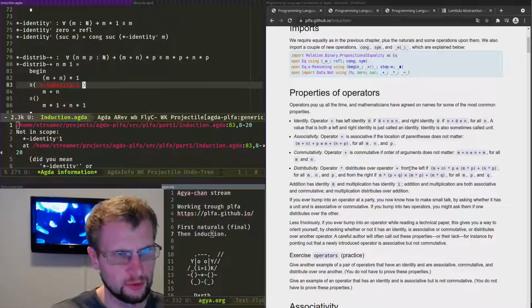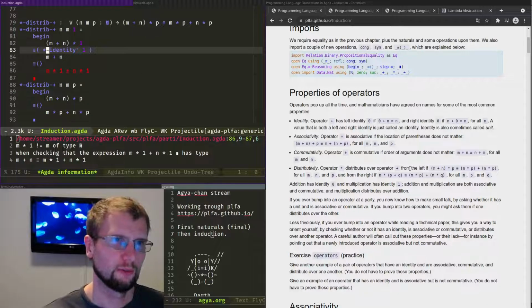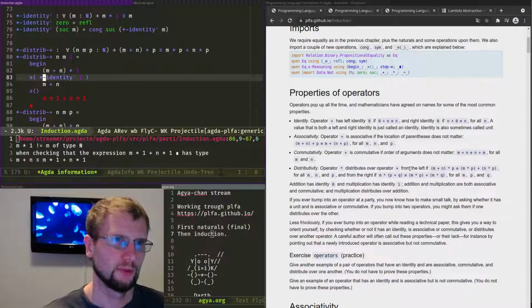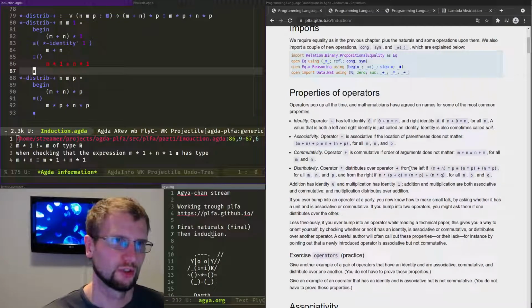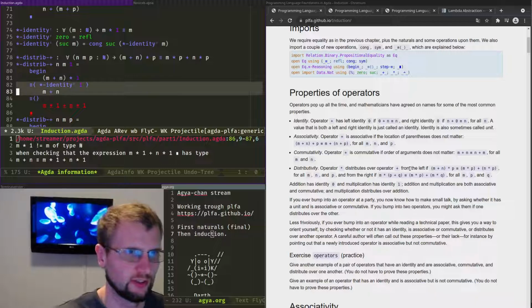Oh wait, I put the number next to it. Oh, okay, cool. So, n plus n. But I need to do it over both. Maybe it's like conj. I'm not sure how to introduce this over both. This symmetry. Try it, I guess.